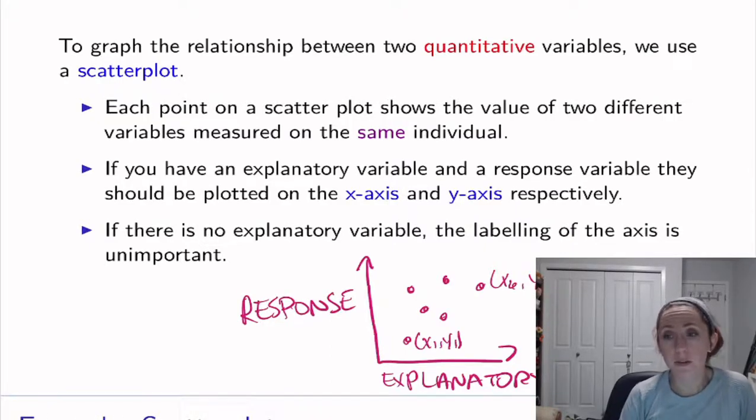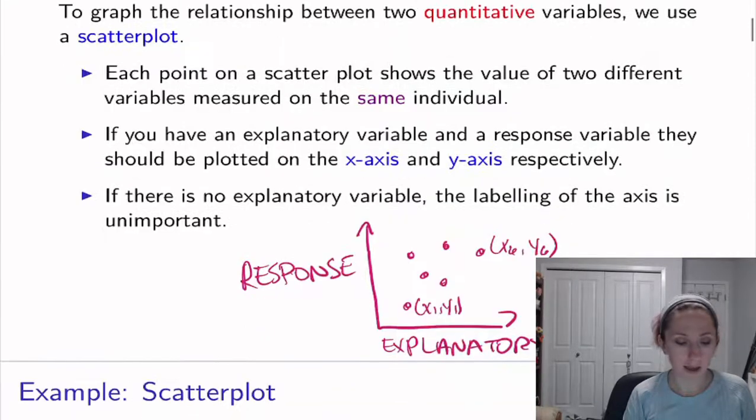However, if you don't have an explanatory and a response variable and you just have two related data points that you want to match up, it doesn't particularly matter which axis you put them on. In this unit, we care about using x to predict y, because we're talking about prediction and modeling, but that might not always be the case when you're making a scatter plot.